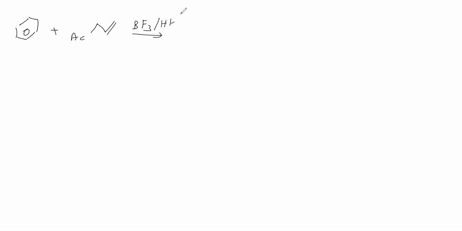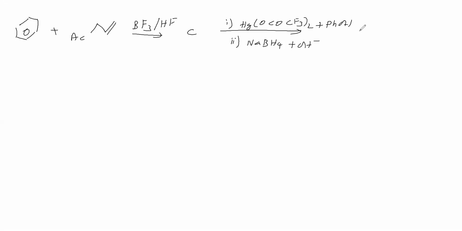Then we will get C. This C is taken for, first, Hg(OCOCF3)2 plus phenol. Then it is taken for reaction with sodium borohydride with OH minus, which gives D and E.